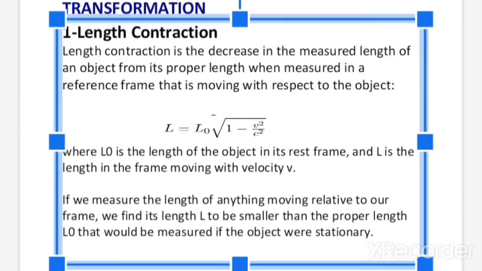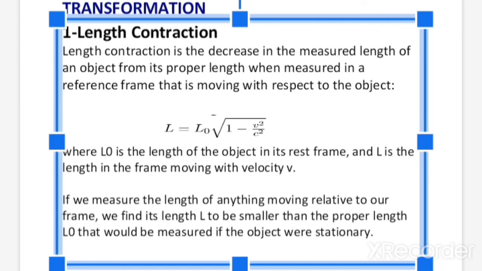So it is very clear that because the quantity root of 1 minus v square upon c square is less than 1, we can say that L is less than L0.